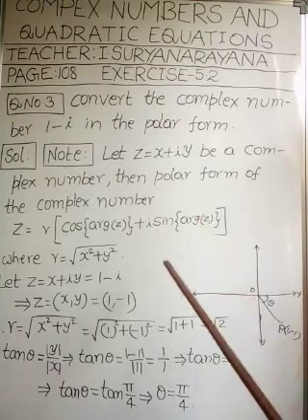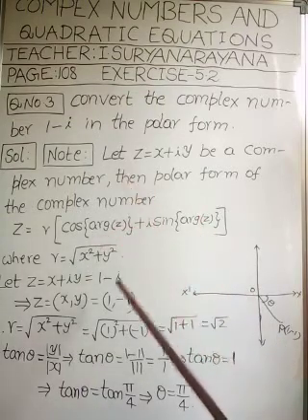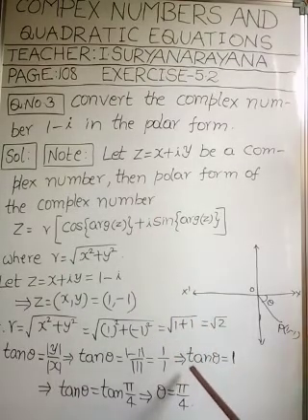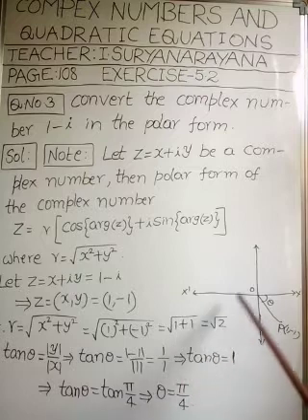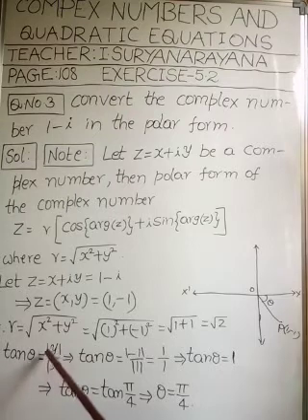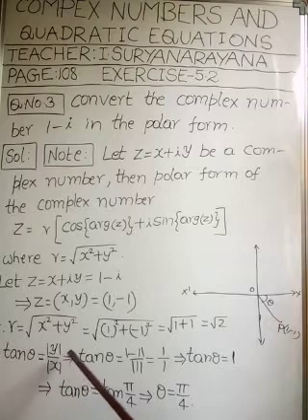Okay, my children, we found the modulus of the complex number, r. Now we are going to find the argument of the complex number. Before that, we have to find the value of theta. So tan theta is equal to modulus of y by modulus of x. Remember this point, my children. To find the value of theta, use this formula.